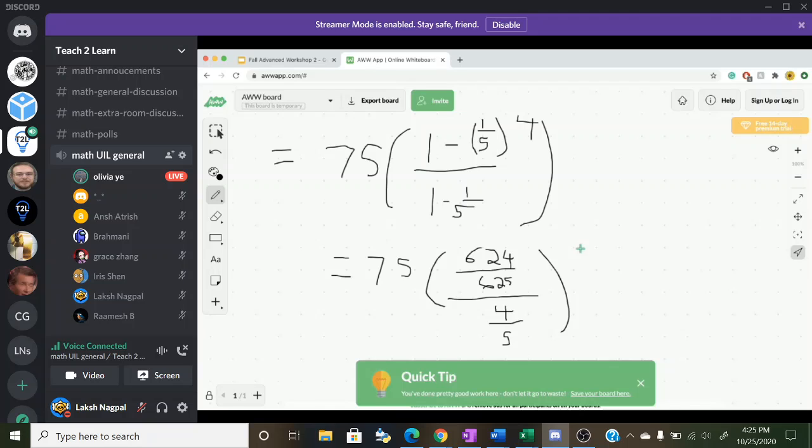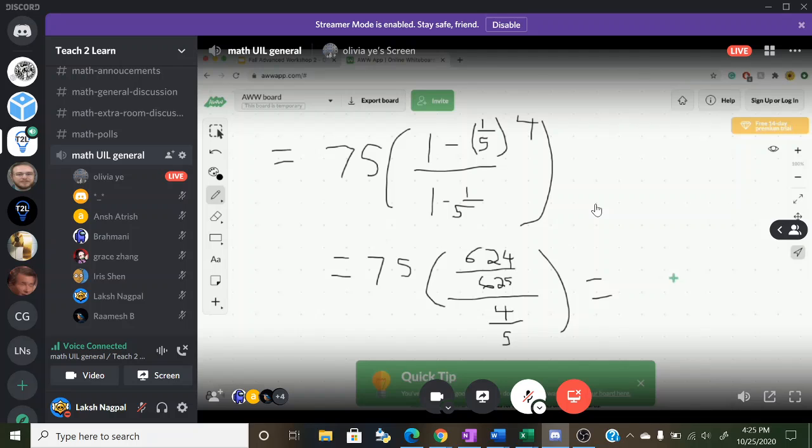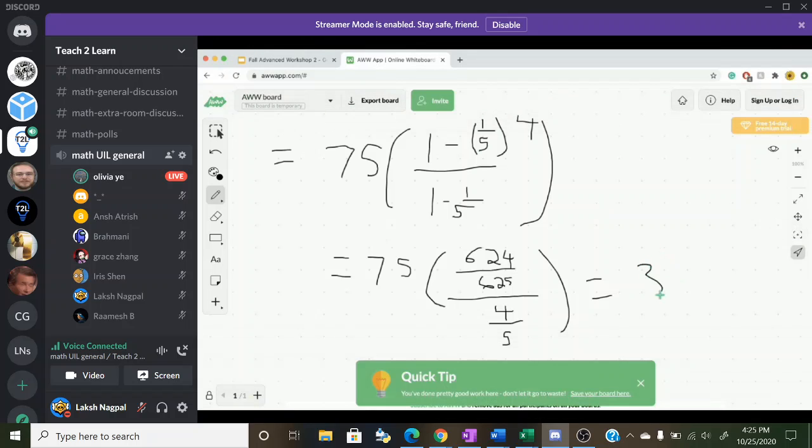So then once you multiply that out, you'll get 31 out of 125. And if you multiply that by 75, you'll get 3,000. Oh, wait, no, that doesn't seem right. Let's see. I'm going to double check that because it doesn't sound right.